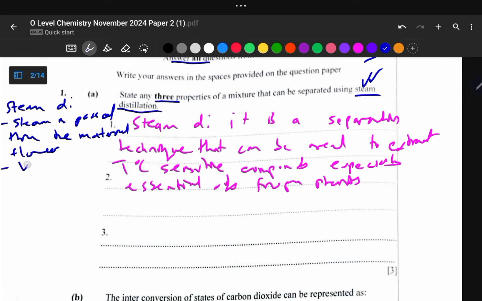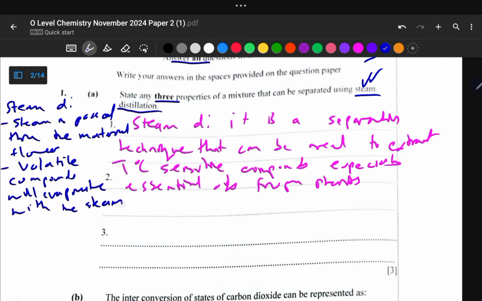And then volatile compounds will evaporate. So volatility, we're going to explain the trends of volatility when we are doing periodicity, right? So the volatile compounds will evaporate with the steam, right? With the steam. So this is where the real reaction is taking place.